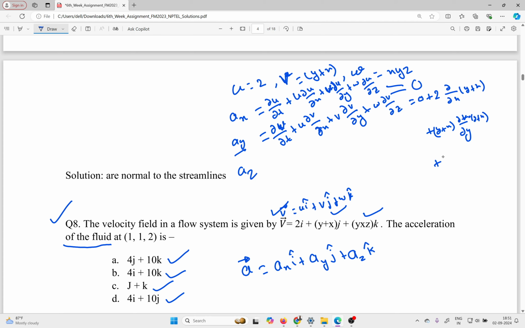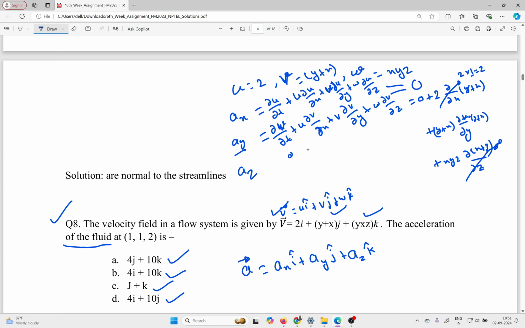Now w component, w is xyz, and del v by del z, where v is x plus y, does not have the z function, so this will be 0. Here this will give you 2, this will be 0 and this will be 1. So 1 times v gives you 2.